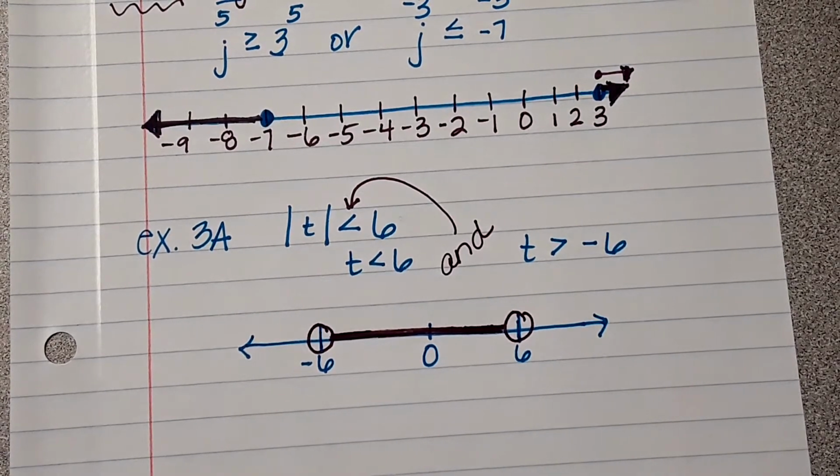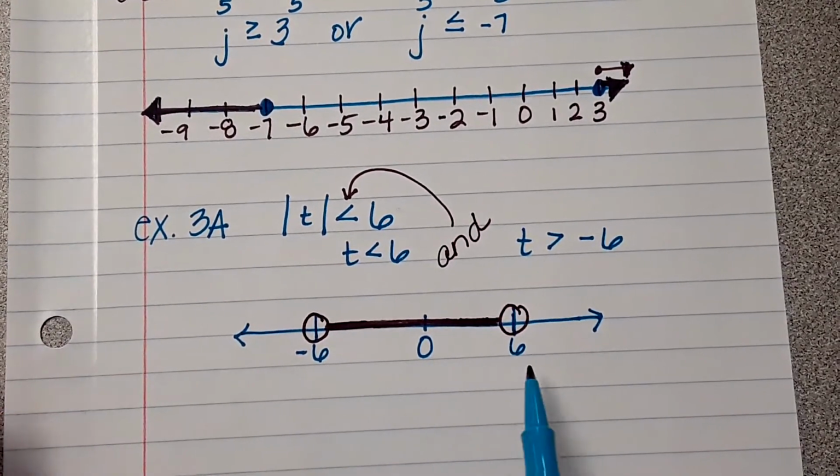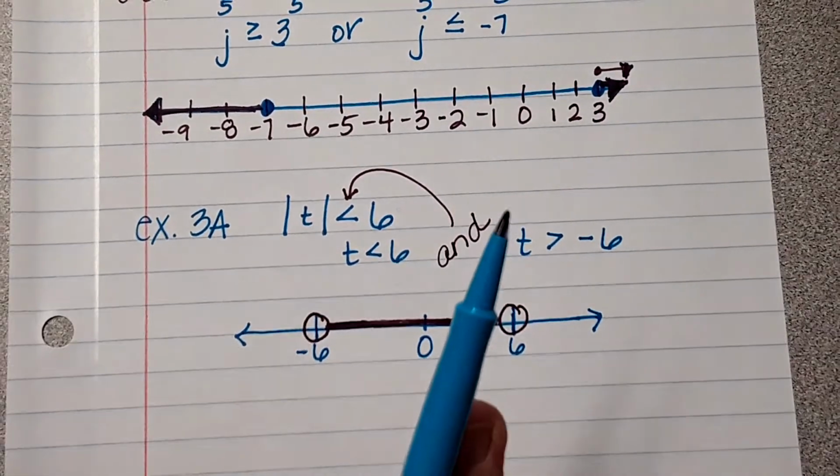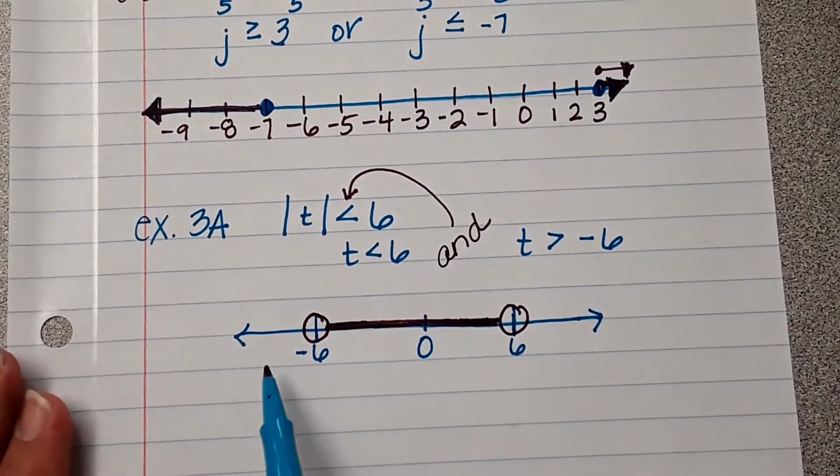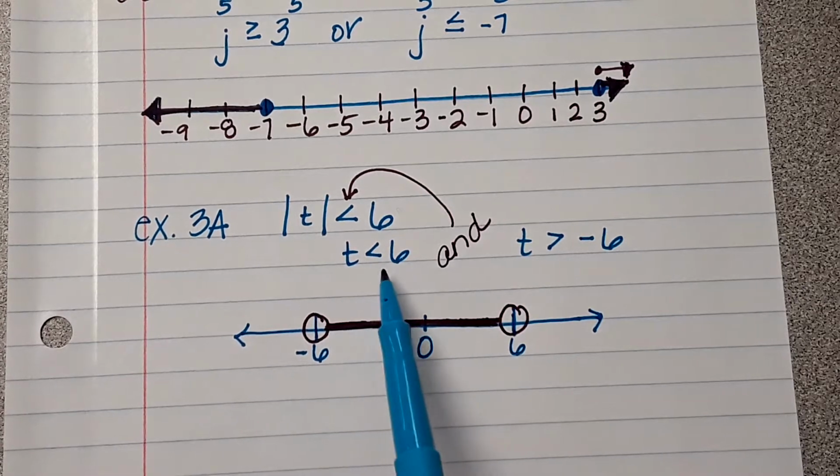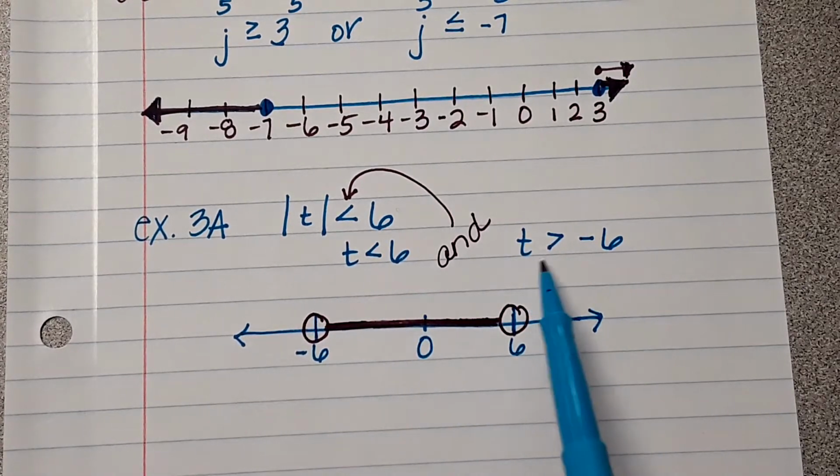So -6 to 6 we shade in, that's an and. If I put -7, -7 is less than 6, but -7 is not greater than -6. It needs to make both of them true. Okay?